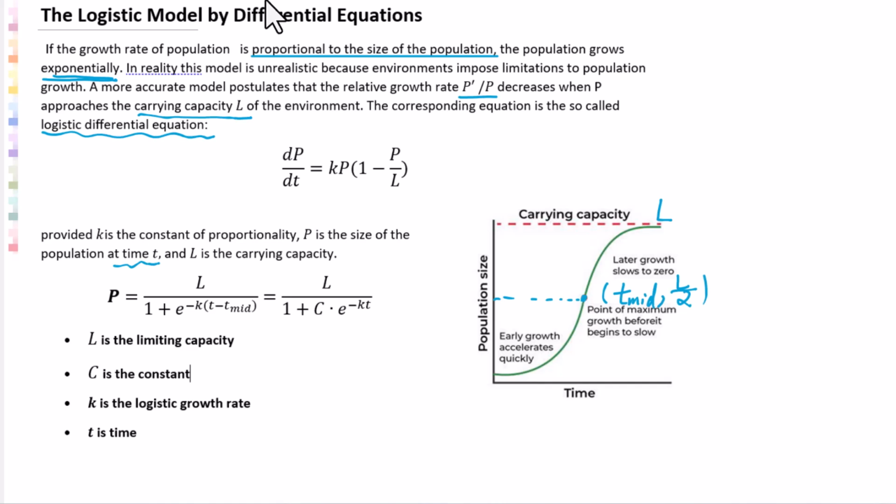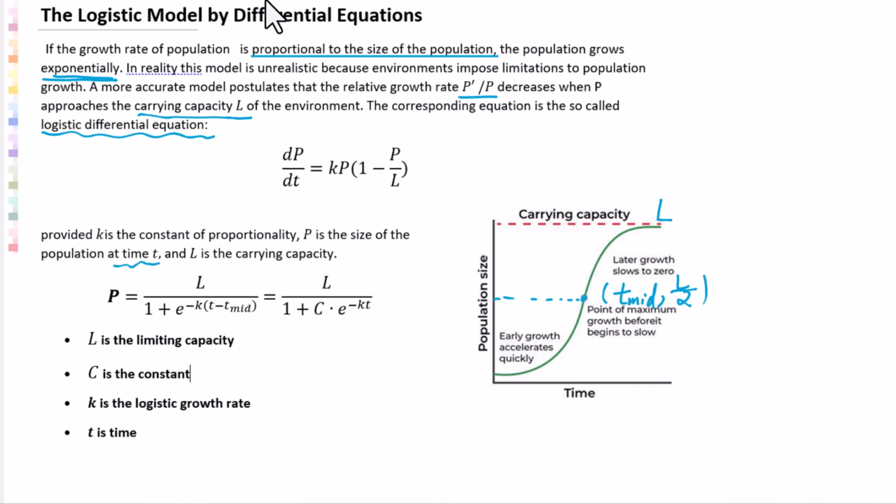Let's use t sub m to show its x coordinate. So the population equals L over 1 plus e to the power of negative k times (t minus t sub m).